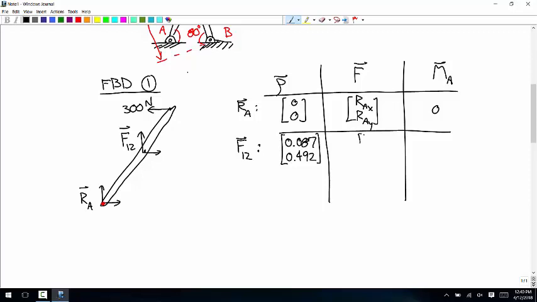And the force vector is F12x, F12y. Cross product is 0.087 F12y minus 0.492 F12x.